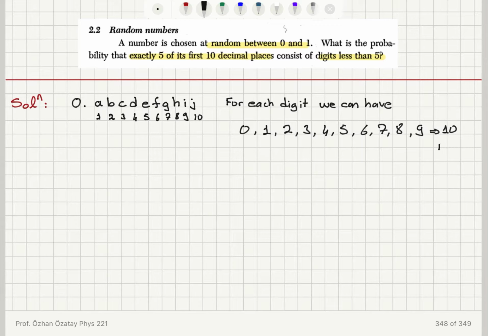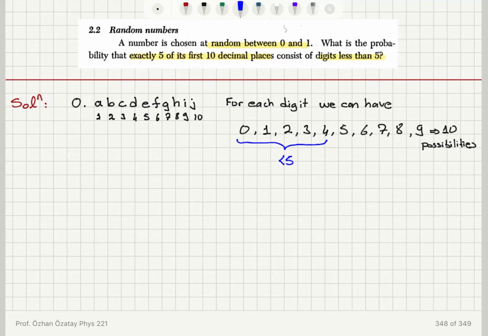Okay, so we have 10 possibilities for each digit. So which ones are less than 5 and which ones are greater than 5? If you look at the first 5 here, 0, 1, 2, 3, and 4, these are less than 5.